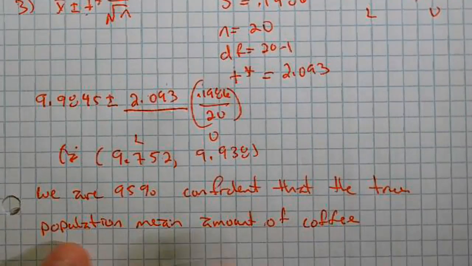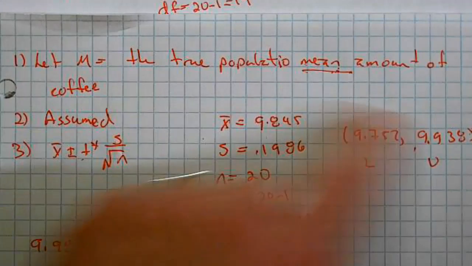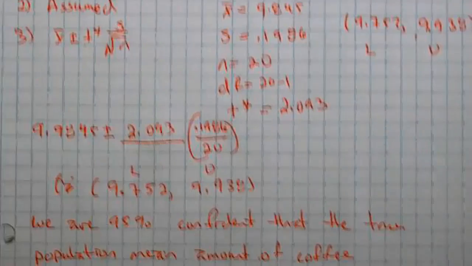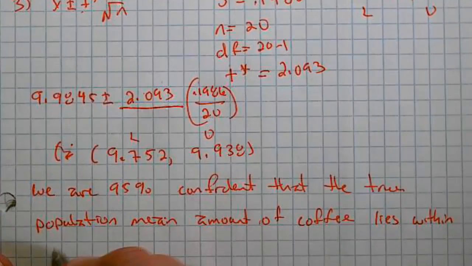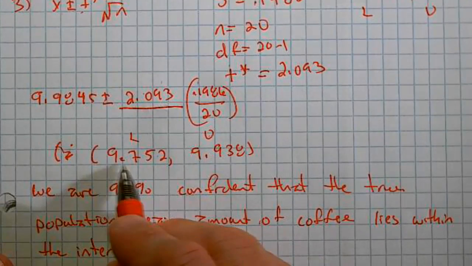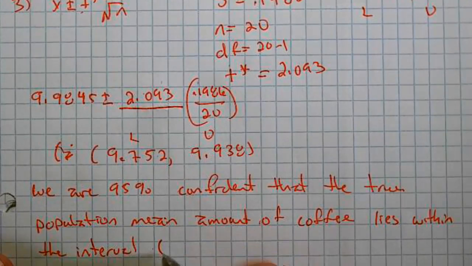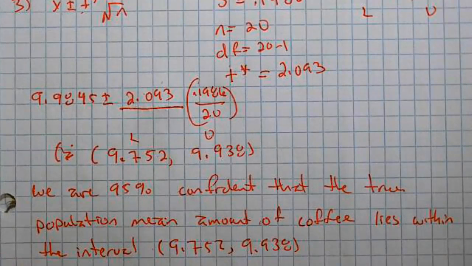And I know you're going, where did you get that? Where did I get the true population mean amount? That's what we define as our parameter. True population mean amount of coffee lies within the interval. And what was our interval? 9.752 to 9.938. So we're 95% confident that it lies within that interval.